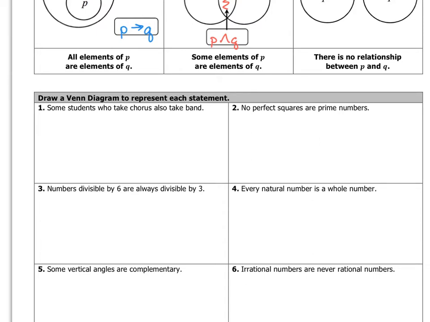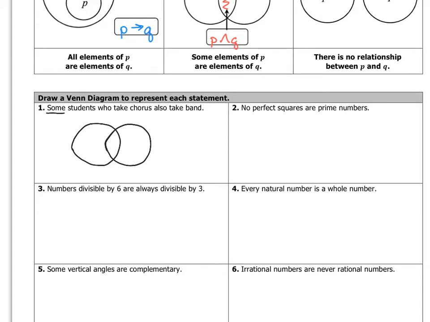So number 1 says that some students who take chorus also take band. The key word here is some. If you see that phrase, chances are you're going to have a diagram like you see in the middle. So I'm going to draw an overlapping Venn diagram like this.